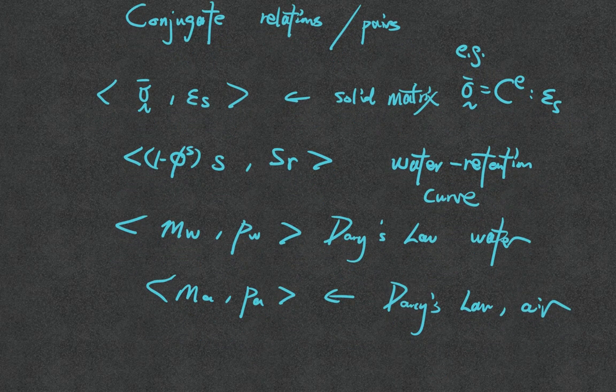Now for the three-phase model, we need three types of constitutive law, and four constitutive laws. Okay, does that make sense? So you would think that if I add one more physics, I need one more constitutive law, but that's not the case here. I need four more, just to introduce one more phase, okay?